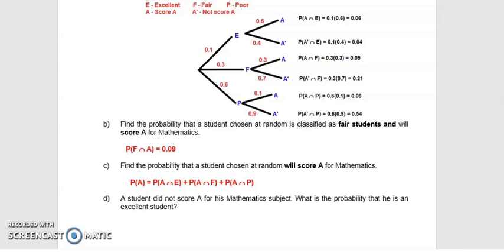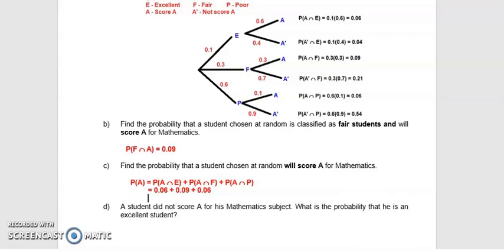A intersect E is 0.06 plus A intersect F is 0.09 plus A intersect P is 0.06. So here the answer will be 0.21.